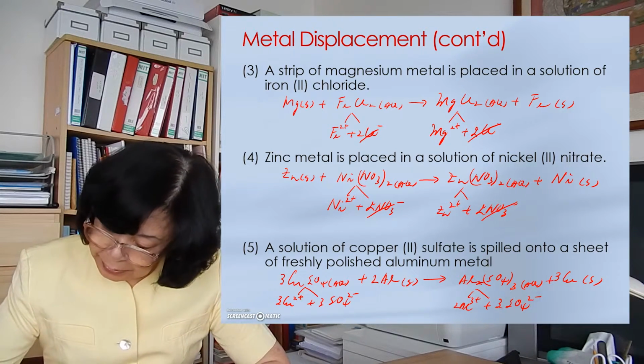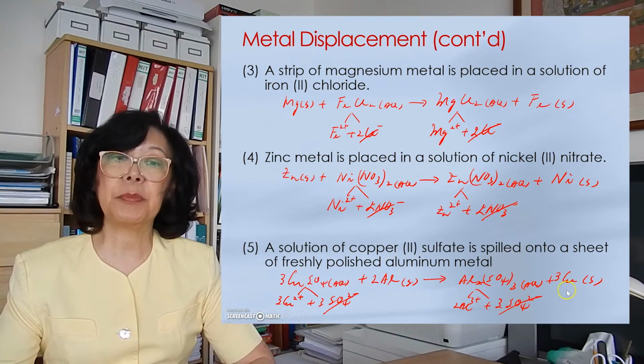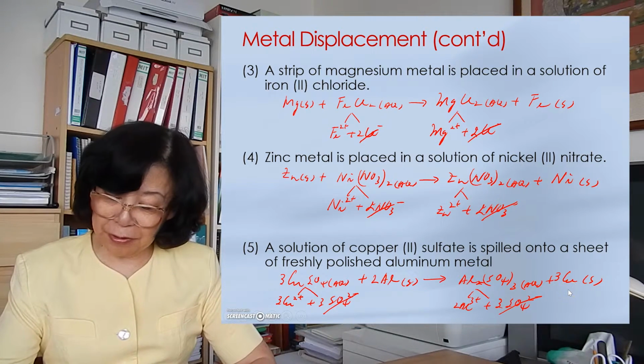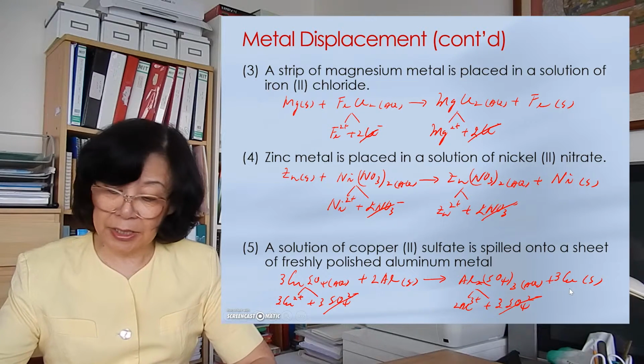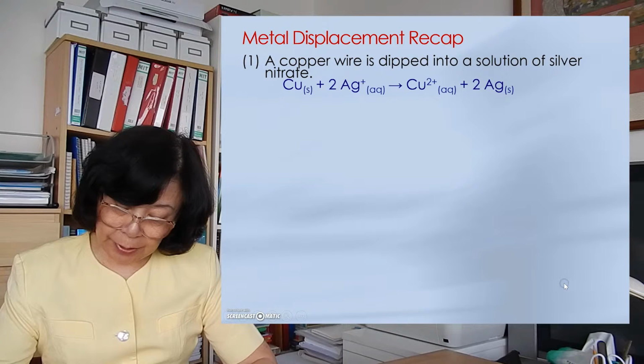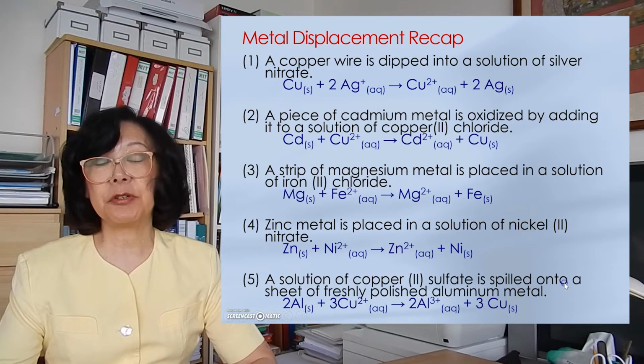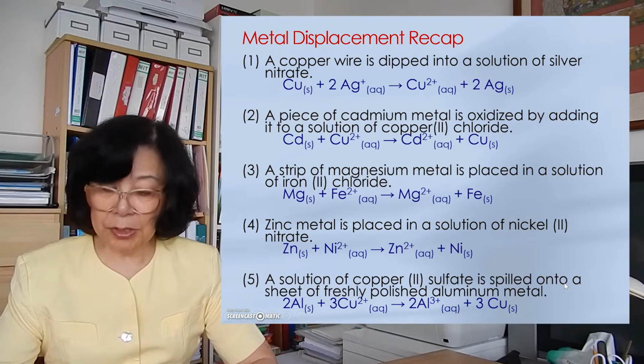We can cancel out the sulfate ion, and we now have the net ionic equation. So it'd be good for you to review your formulas so that you feel comfortable in writing these equations. Here's a recap of my earlier work for you to follow, and you may want to pause the screen to practice writing it.